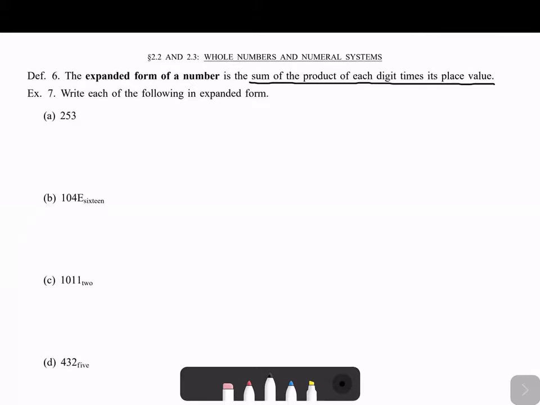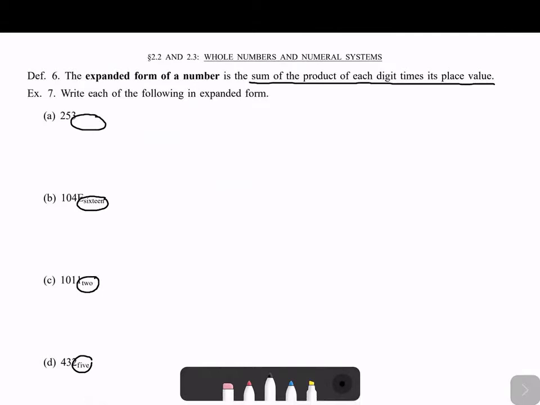So let's start with A. So A, this is just 253, and you see that there's nothing written here for the base. So when we see something written in a base B system, the base will normally be written as a subscript after the number that tells us the base that it's in.